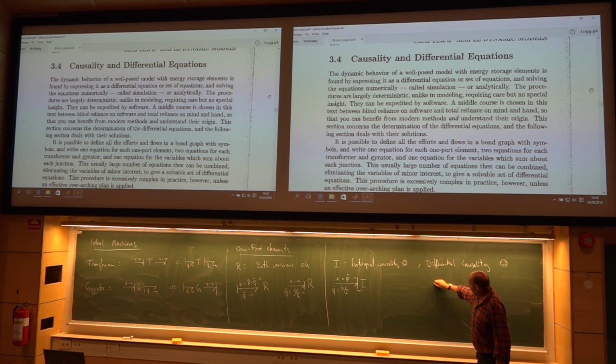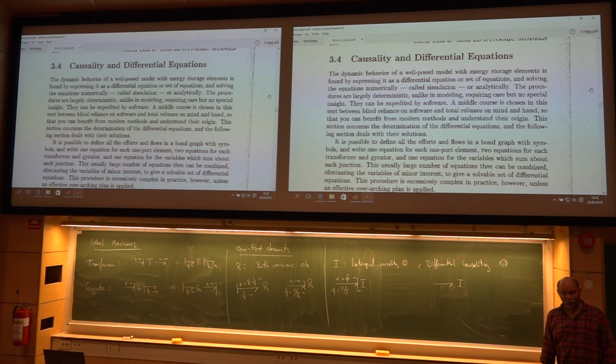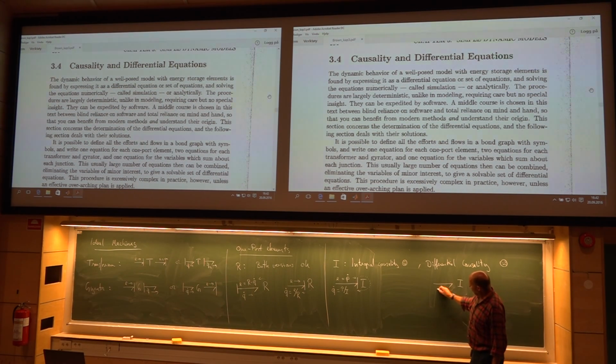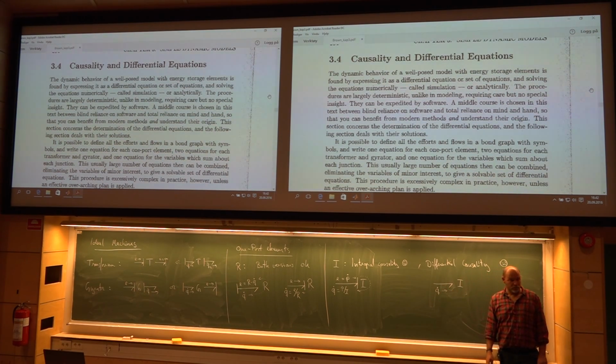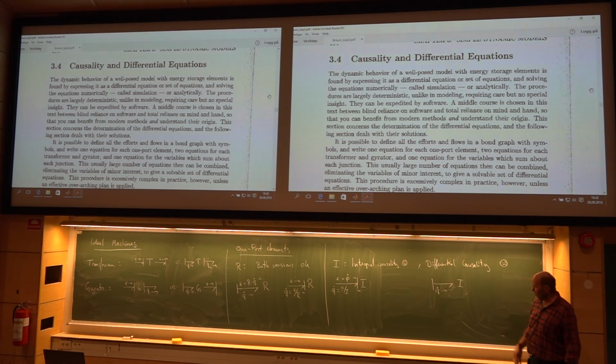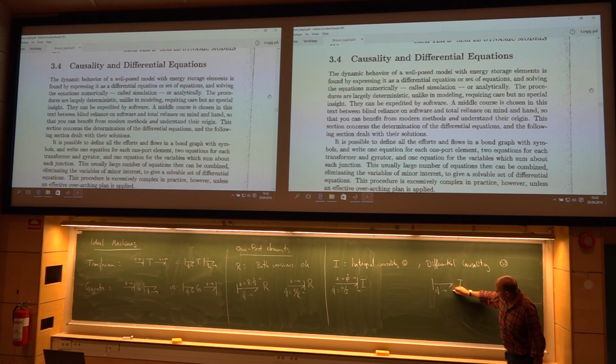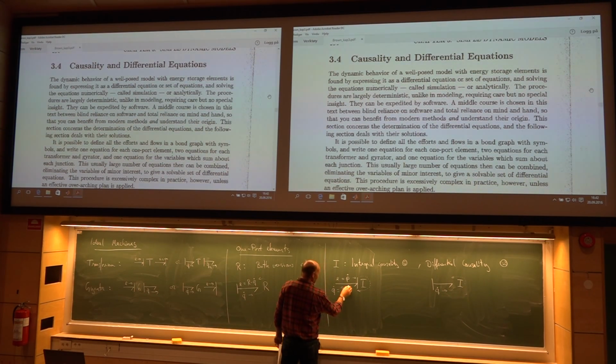Then we have it the other way around. Then we have the I element here. So now we know the flow. The Q dot is entering. That means the causal stroke is here. We really don't like that. Sometimes it happens, but okay. So now this flow hits the element, and we can calculate what's on the other side. What is on the other side? Well, we calculate it from this definition here.